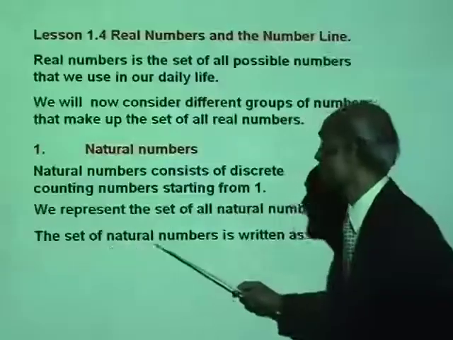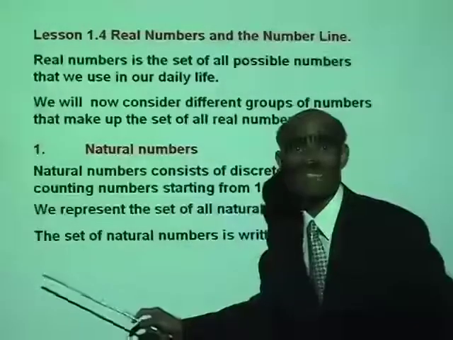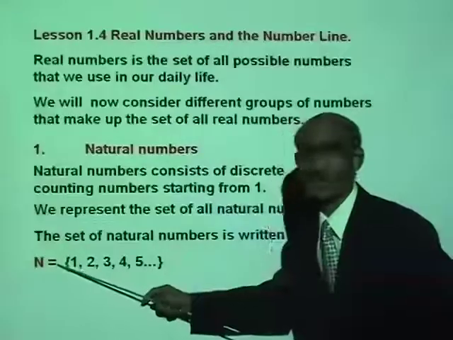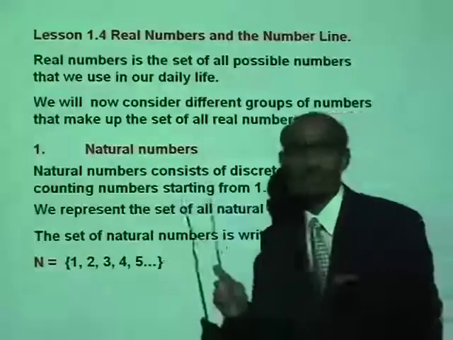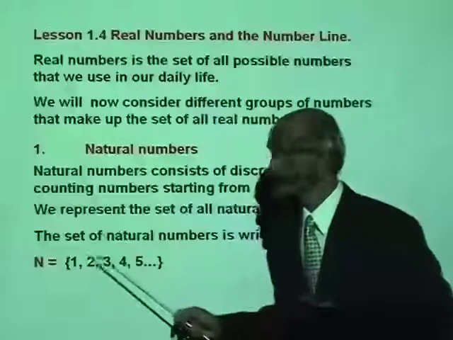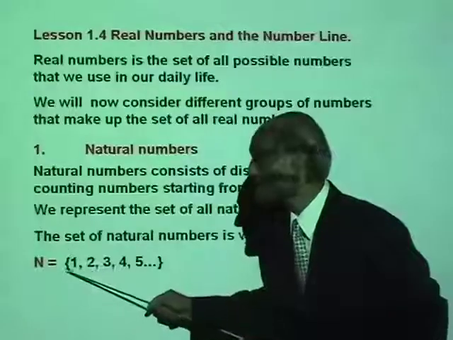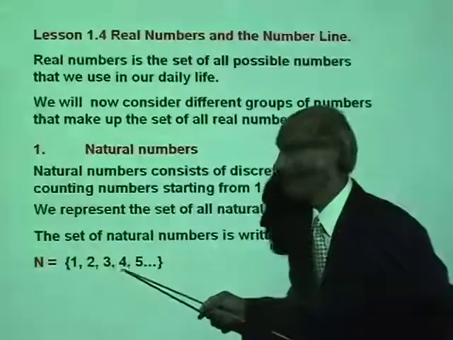The set of natural numbers is written as, look at the way we write the set of natural numbers. N equal to, you see, these braces are used to represent a set. And this is the way we read it. N equal to a set of 1, 2, 3, 4, 5.